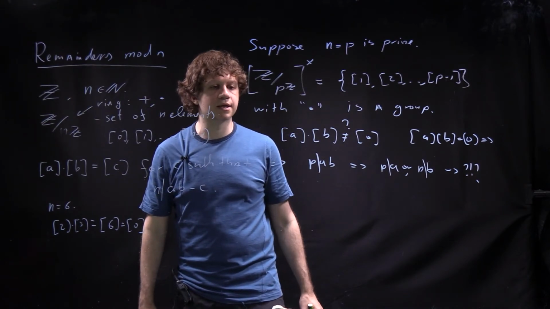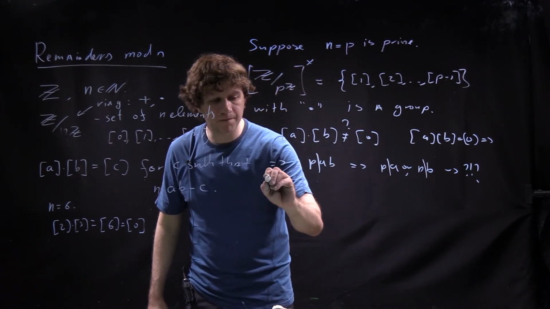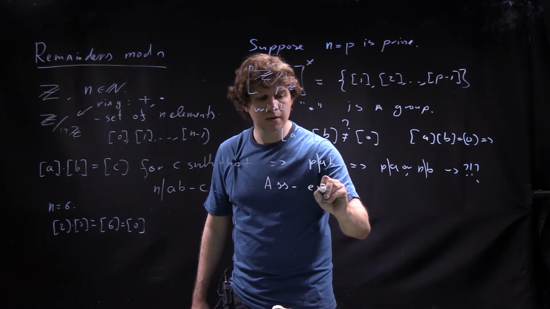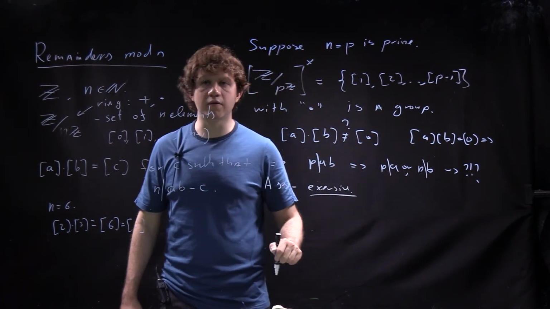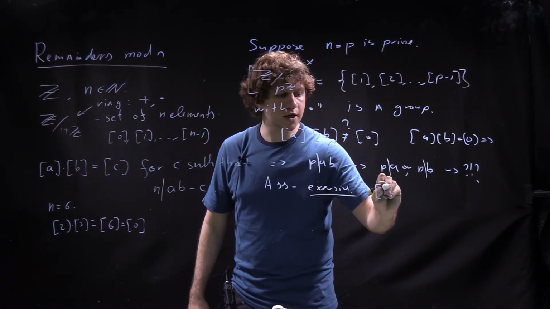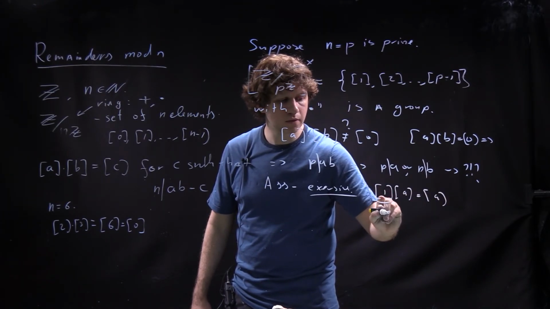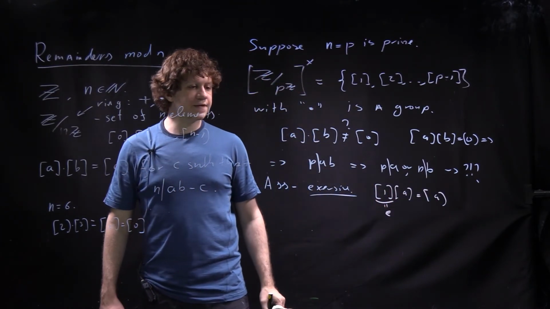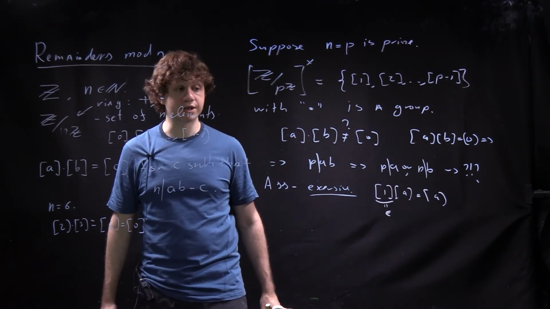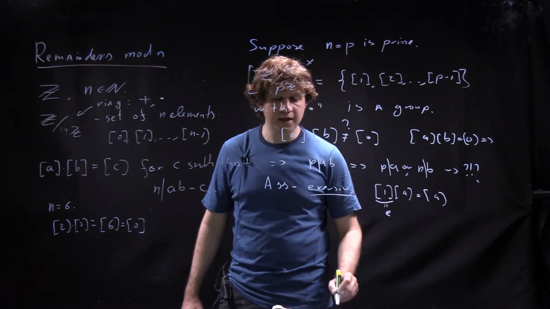Now let's see that it is a group. Associativity is an exercise. That's a simple property of these remainders modulo n. Then 1 times a is obviously a, so this is the unit. And then we need to show that the group actually has inverses. Why does it have inverses?